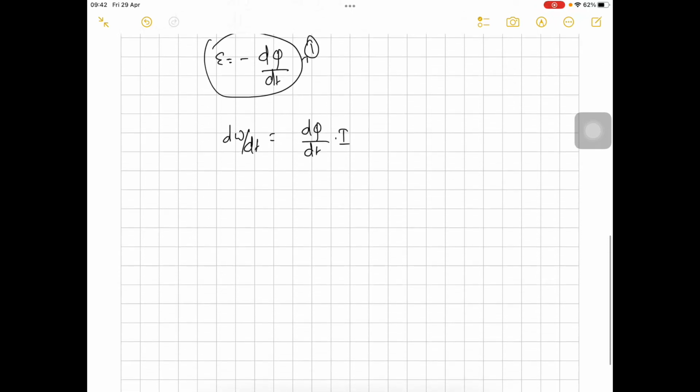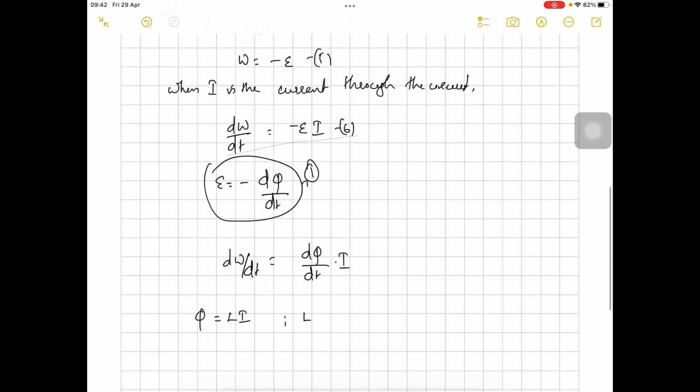And we already studied that phi is equal to L i, where L is the self inductance.